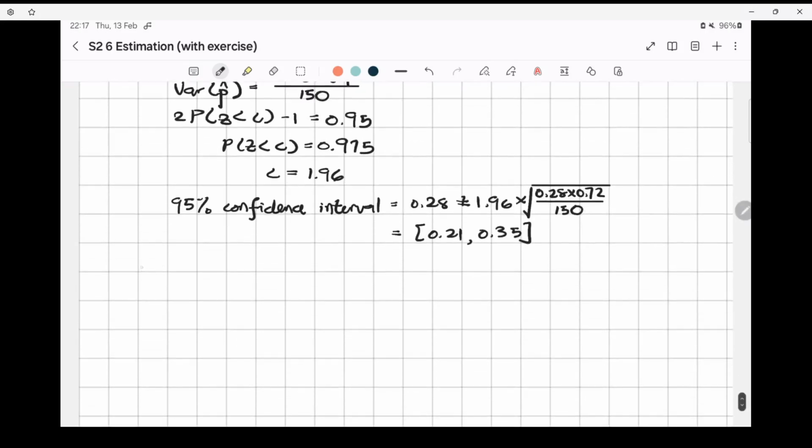So finally, part D. Based on your answer in C, is the die fair?